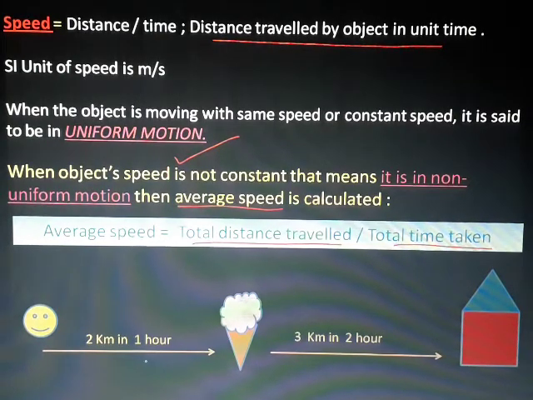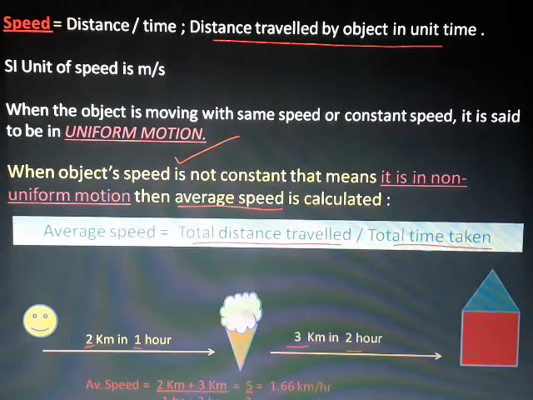To find average speed, you will add the distances, that is 2 plus 3, 5, and then add the times, that is 1 plus 2, 3, and then divide total distance by total time, 5 by 3, that is around 1.66 kilometer per hour. So this is the method to find average speed if the body is moving in non-uniform motion.